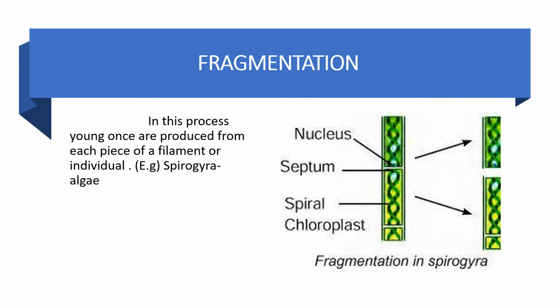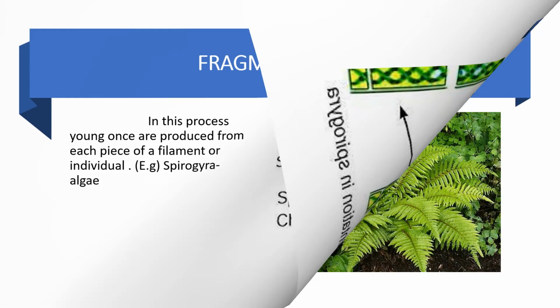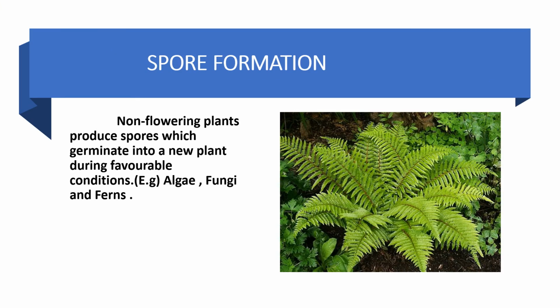Fragmentation: the parental part of the plant gets detached, gets cut into filaments or fragments, small pieces are formed, and each piece develops into a new plant to form young one. And the fourth one is spore formation. That is, small minute spores are created, and these spores produce young ones. You can see in algae, fungi and ferns.